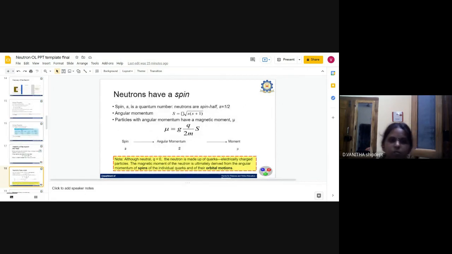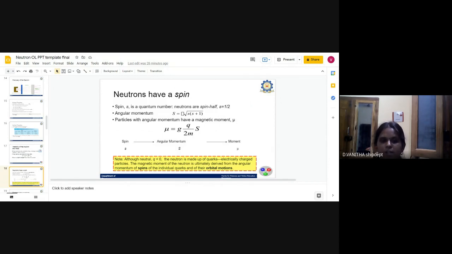And also the neutrons have a spin. Proton, electron and neutron all have half spin, S is equal to half. The angular momentum is equal to root of S into (S plus 1) h cross.